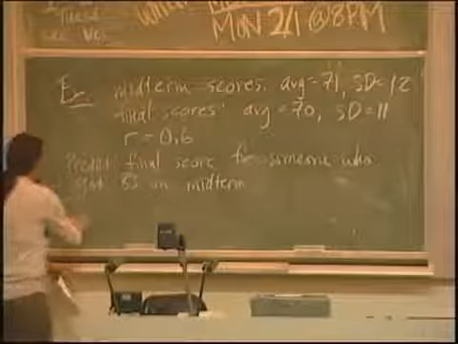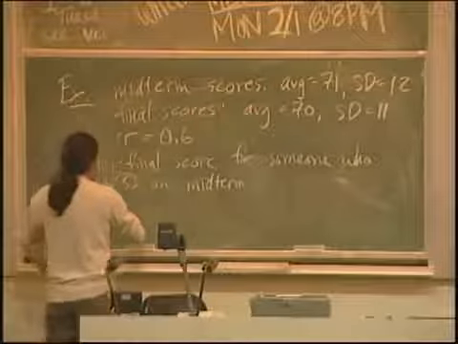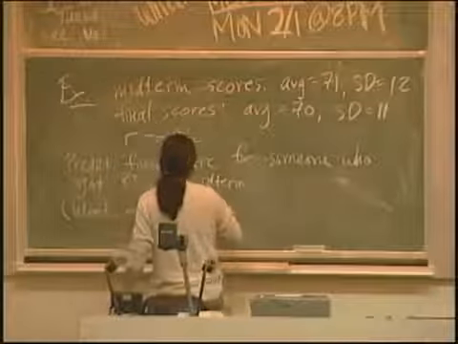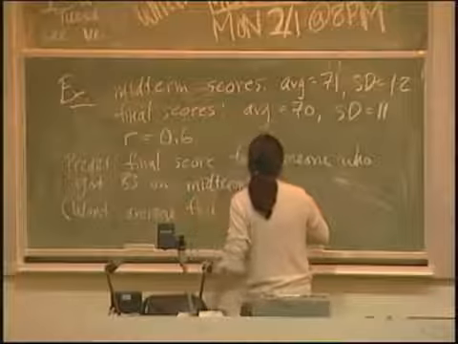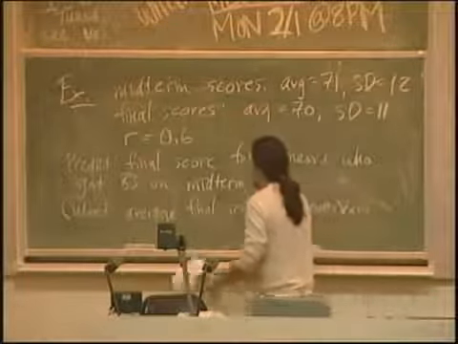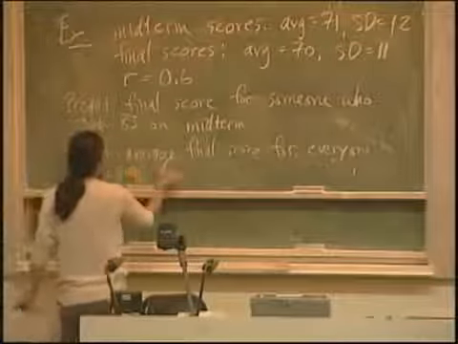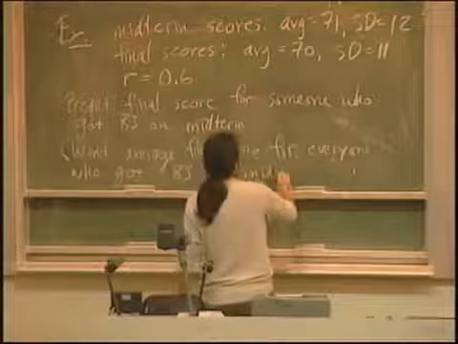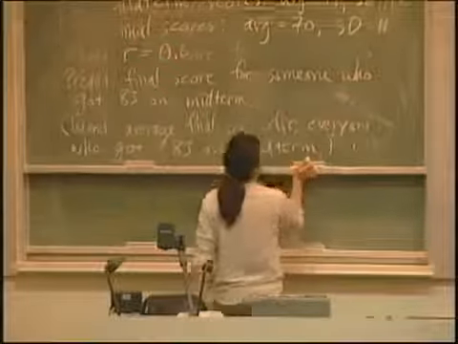So you want the average final score for everyone who got 83 on the midterm. And what regression attempts to do is to find this point.